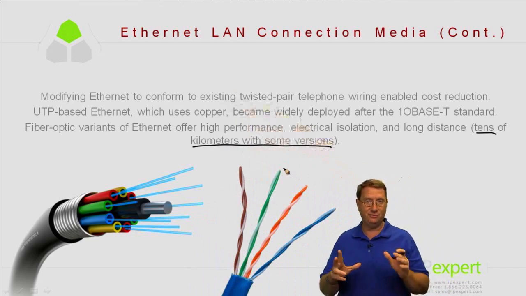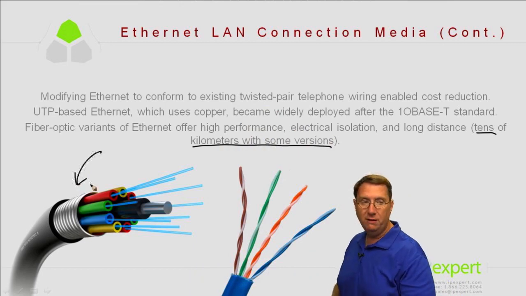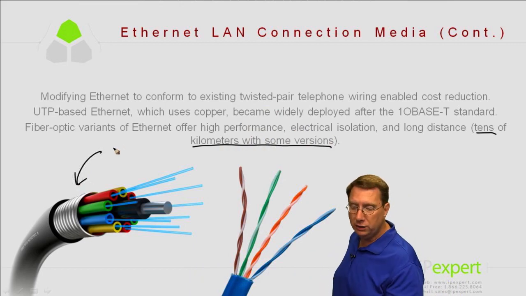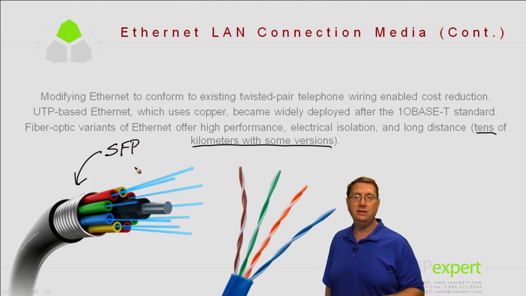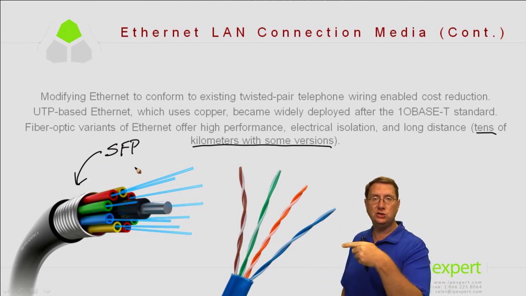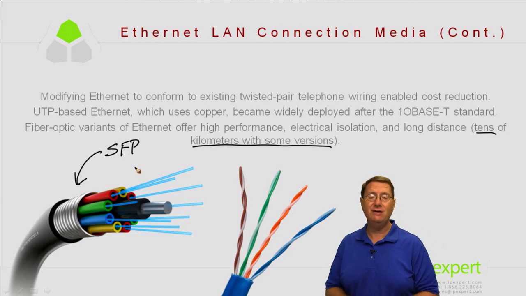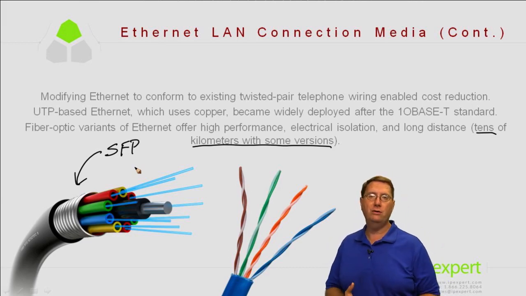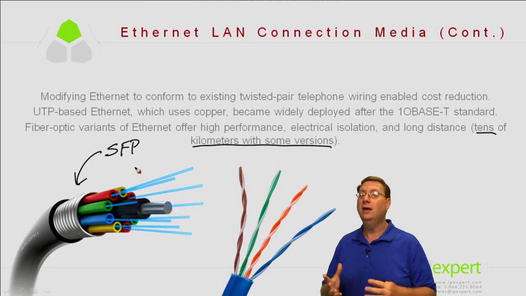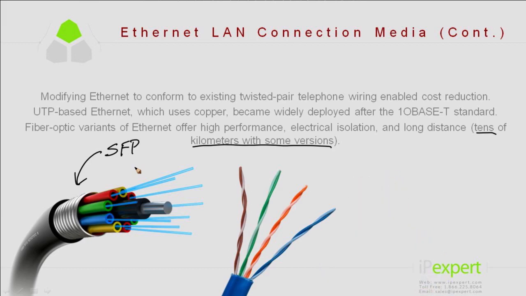The other thing we have to realize is that the majority of our Cisco devices that support fiber optic connections do it using something called an SFP, a small form factor pluggable module. It's a small component that we can insert into our equipment, and depending on what type of SFP we have will determine whether we can connect the different types of fiber, or whether we can connect 1 gigabit speed Ethernet connections using copper unshielded twisted pair.